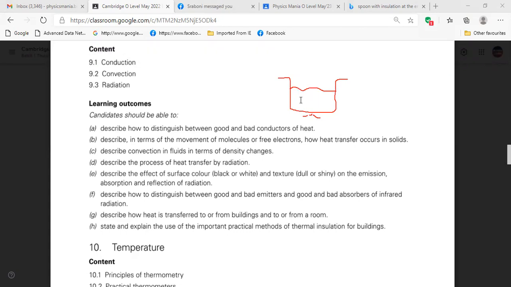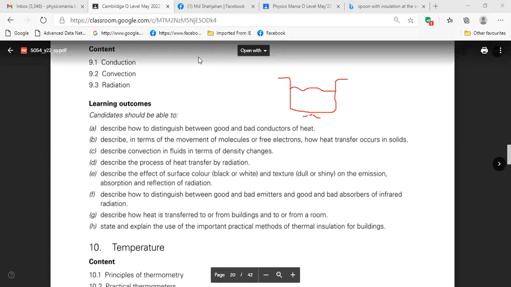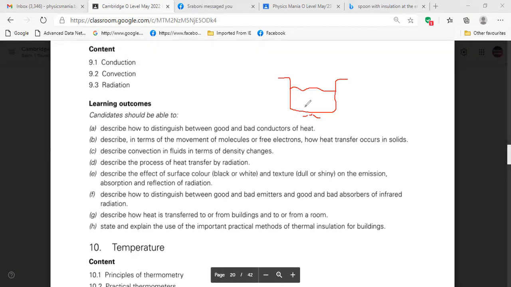If we give heat here, then what happens? Here we have water, or any other liquid. We are cooking. Then this part of water becomes hot first, right? First of all, heat is here.